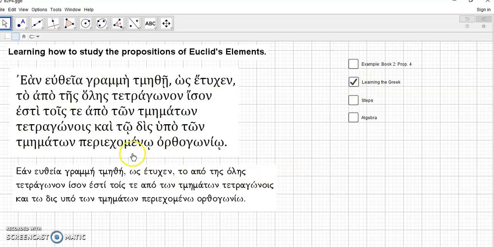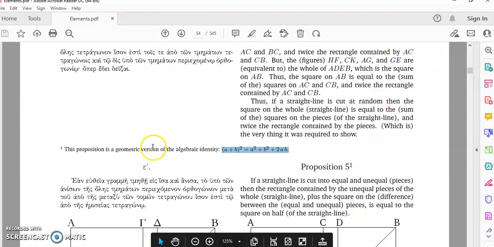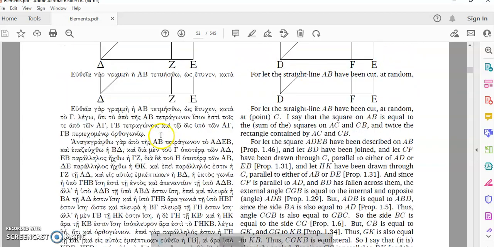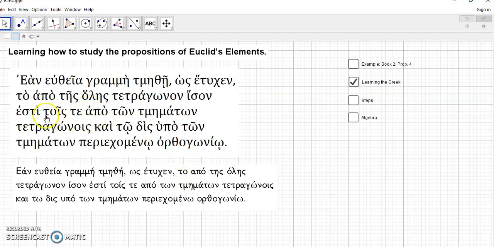So the original Greek that you'll see on this side here of proposition 2, this is the statement, the original Greek, is written in something called katharevousa, which means something like a clean Greek or an original Greek. And it's got all these little accents and marks, etc.